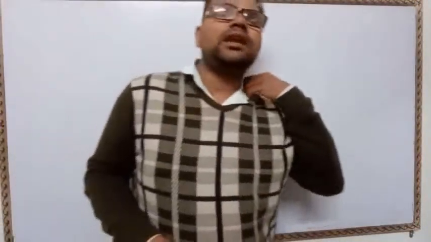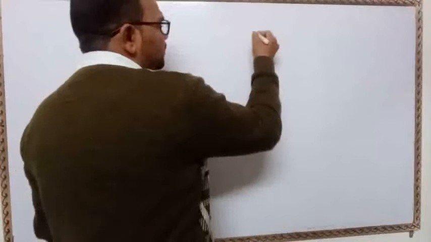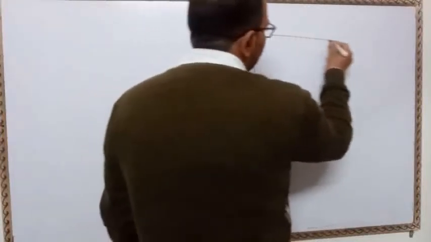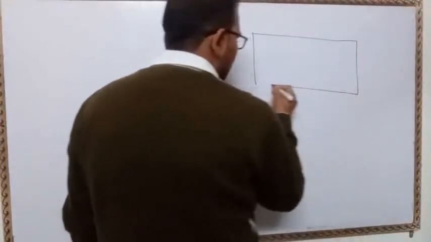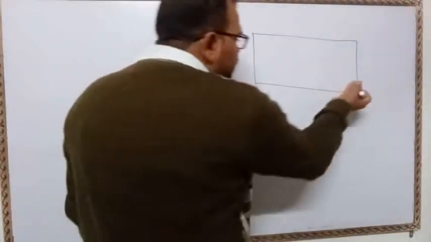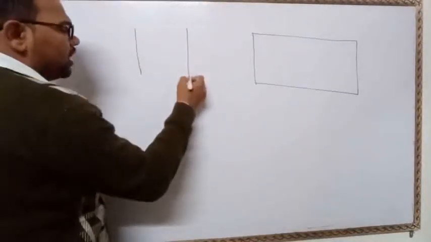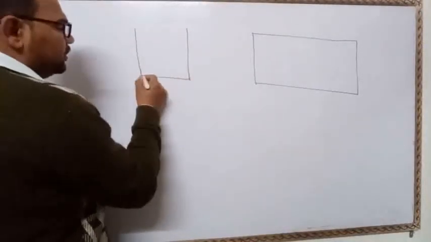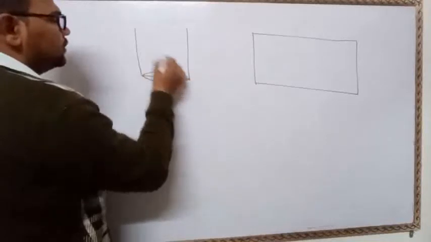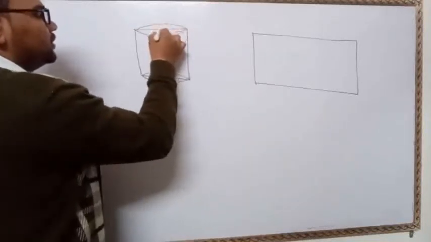Now please come to the next figure, that is cylinder. Now we will discuss the cylinder. Think about a rectangular sheet. If we roll it about its length, then we form a figure just like this. This is called a cylinder.